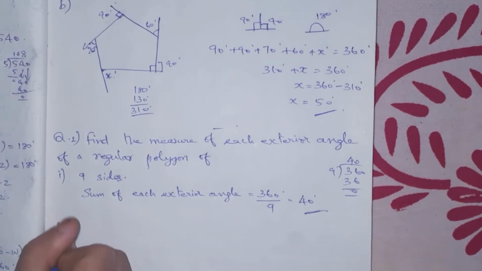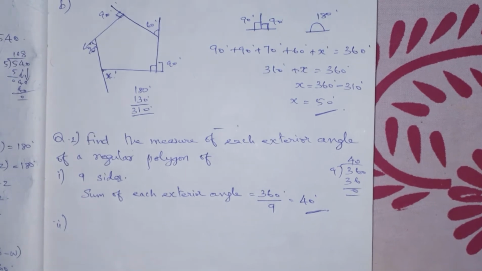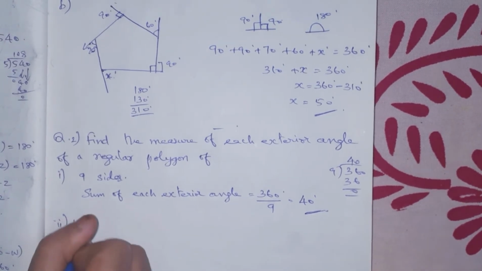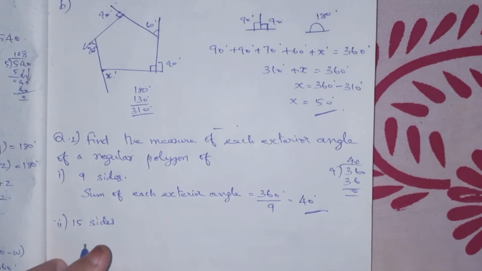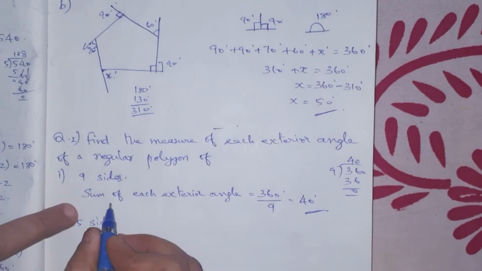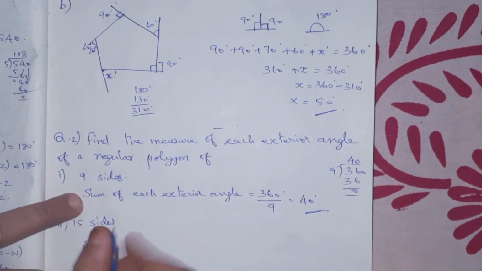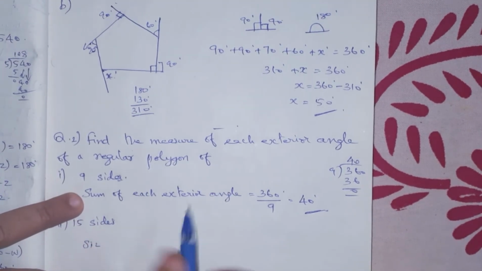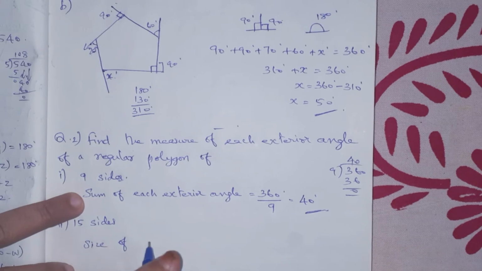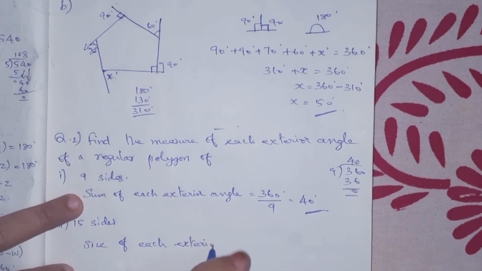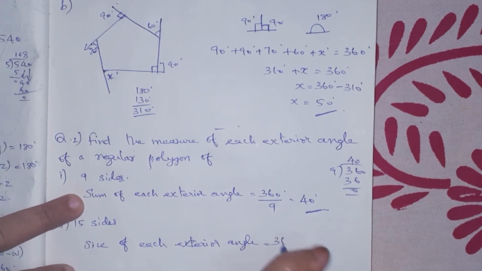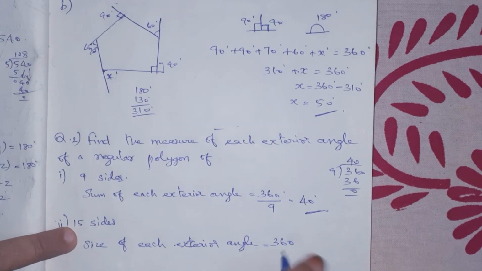Now second, 15 sides. The size of each exterior angle is 360 degrees divided by 15.